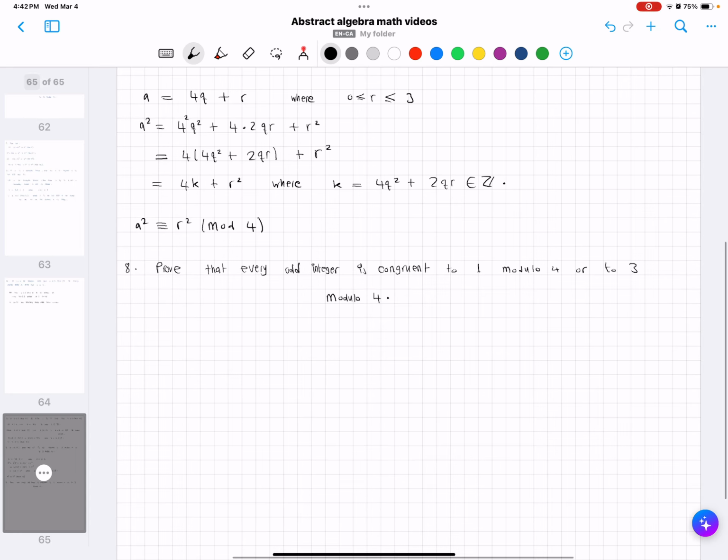So assume A is an odd integer. Apply the division algorithm and divide A by 4.